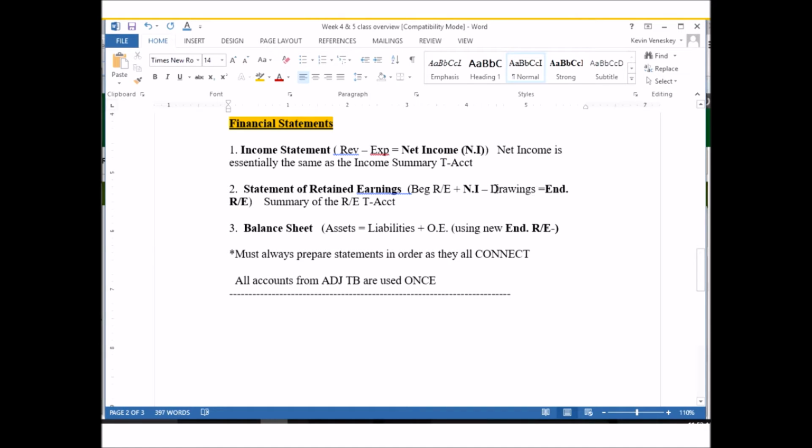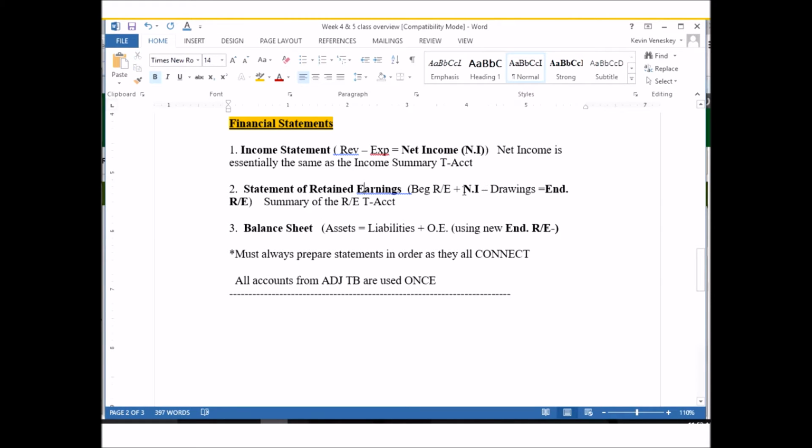Now your owner's equity will no longer include your drawings because your drawings have already been used, and it will not include your beginning retained earnings, but instead the new ending retained earnings. So when I say you have to do these in the correct order, it's because you cannot do the balance sheet until you know your ending retained earnings. And your ending retained earnings comes from your statement of retained earnings.